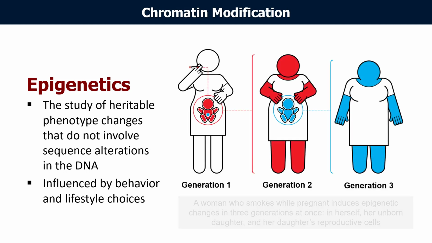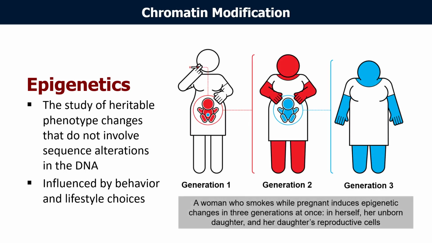So it turns out that a woman who smokes while pregnant, and that would be a behavior or a lifestyle choice, induces epigenetic changes in 3 generations at once: in herself, in her unborn daughter, and in her daughter's reproductive cells, which would influence the 3rd generation.